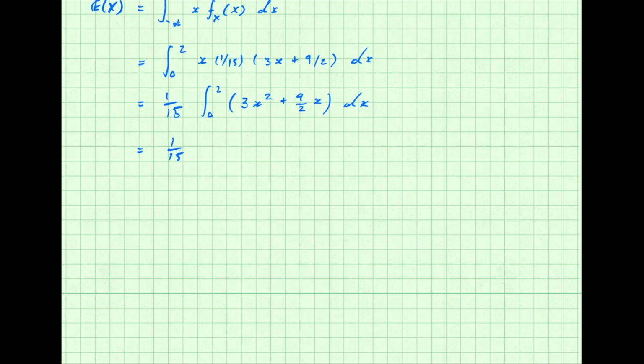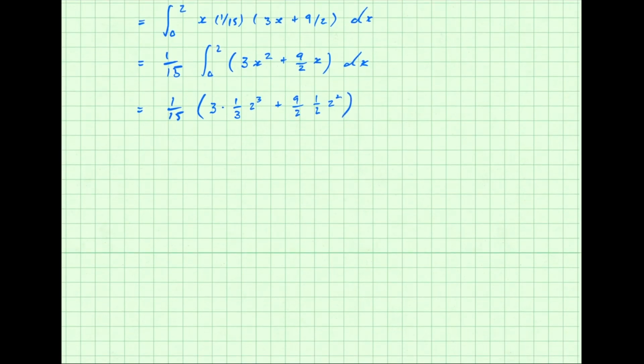So the integral of x squared is 1/3 x cubed, so we've got 3 times 1/3, and it goes from 0 to 2, so that's 2 cubed. And plus we got 9/2, and the integral of x is 1/2 x squared, and so we'll write this as 1/2, and then x goes from 0 to 2, so that's 2 squared, like that.